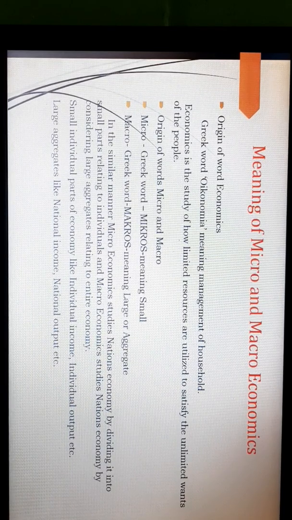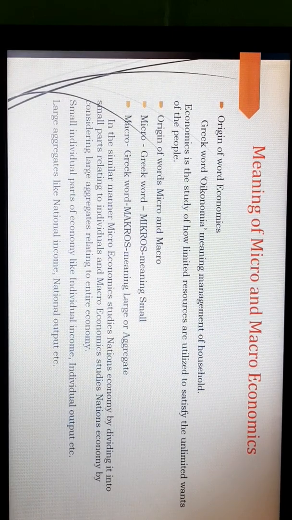Okay, so when we talk about microeconomics, it's a study of the economy by dividing it into different individual small parts, and macroeconomics is a study of a nation's economy where we consider large aggregates which are covering the entire economy.